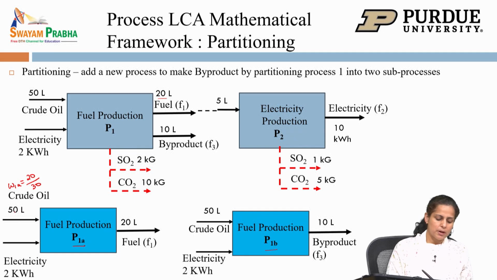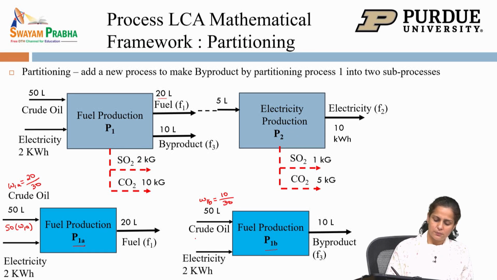Okay. So, the amount of crude oil that will be input to this system, fuel, will be 50 times W1A, and the crude oil that is going to the fuel production B or P1B, which is making the byproduct, will be 50 times W1B, which is the weighting to the second sub process, and that is about 10 by 30.